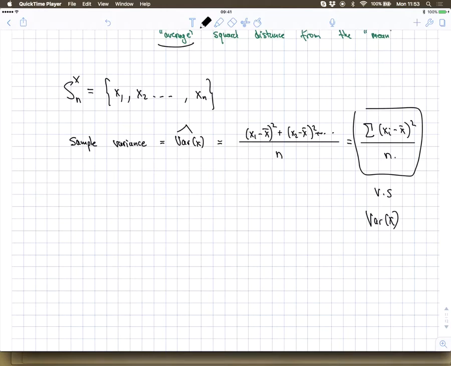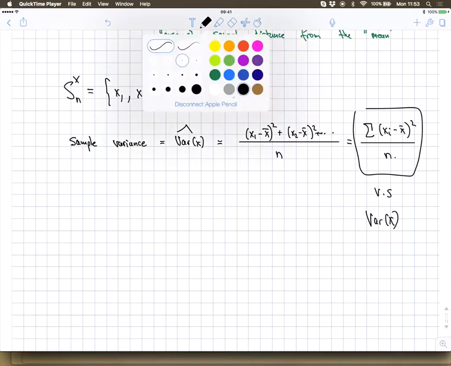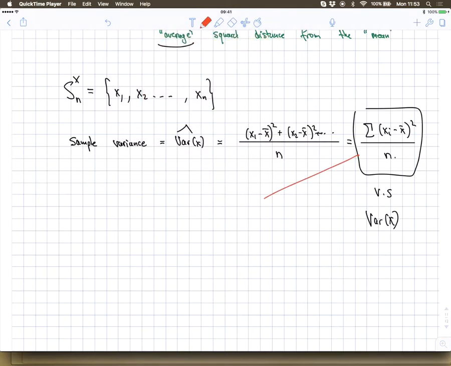But what will happen as n increases, this sample variance will tend to get closer and closer to the true population parameter. So this can serve as an estimator for the variance of x.